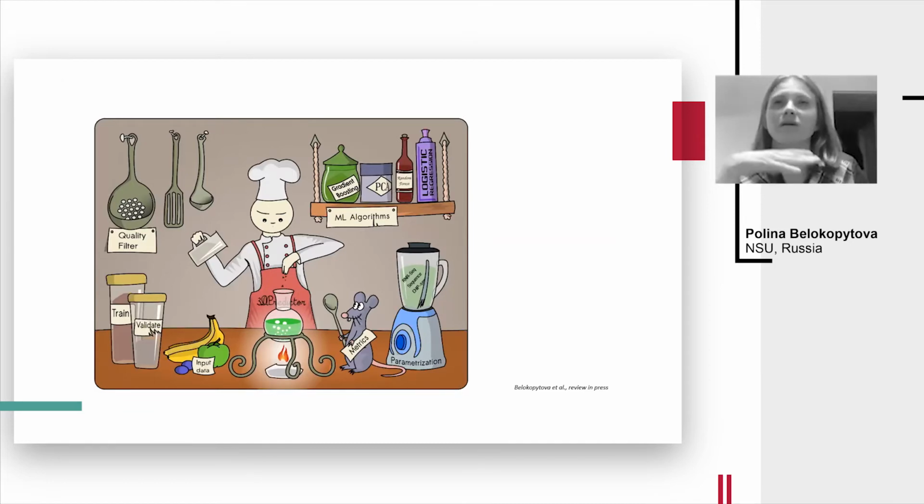To find these complex patterns, we used gradient boosting regression, a machine learning algorithm. Then we parameterized this epigenetic data and split our data into non-overlapping train and validation data sets.